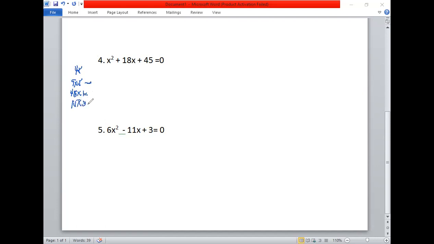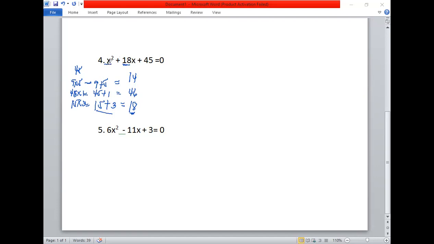Now 9 plus 5 is equal to 14. 45 plus 1 is equal to 46. 15 plus 3, the answer is 18. We need to find 18, right? So here it is. The factors of 45 we will take are 15 and 3.